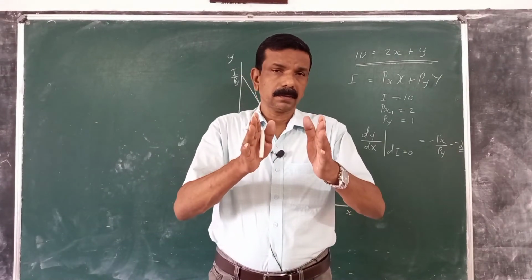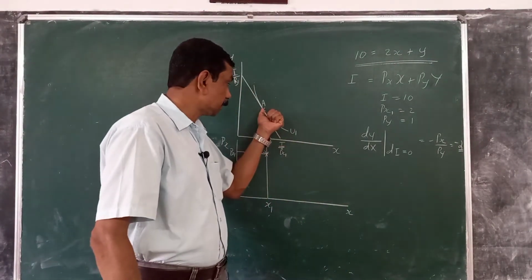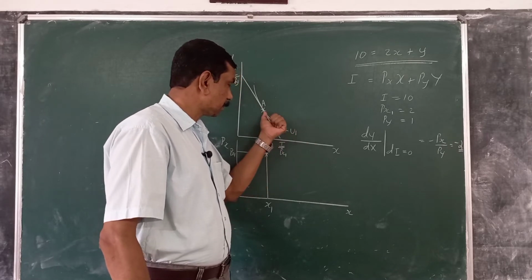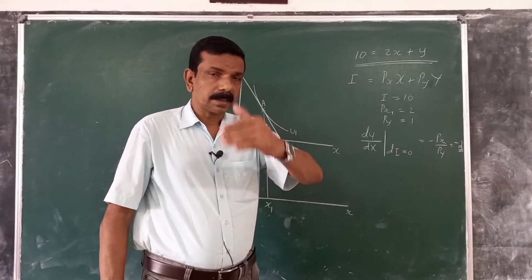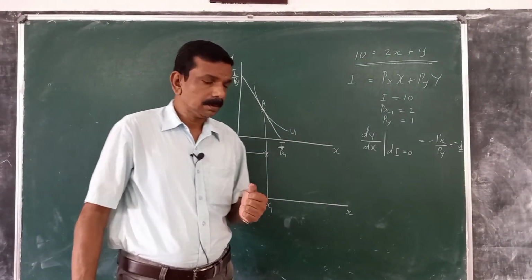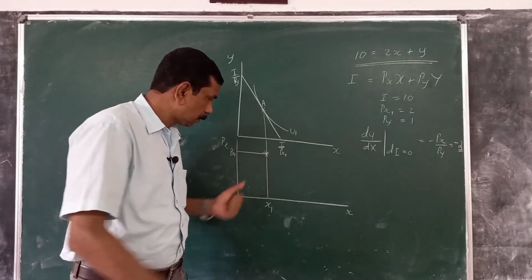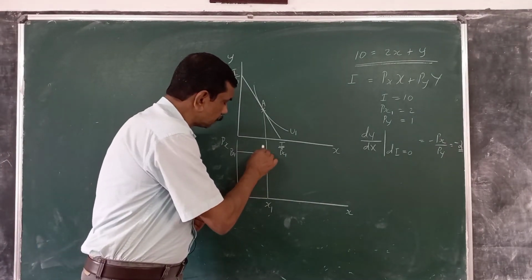So we have the point of tangency between the indifference curve and the budget line where the consumer maximizes his utility. So we have a point on the demand curve, denote it as small letter a.